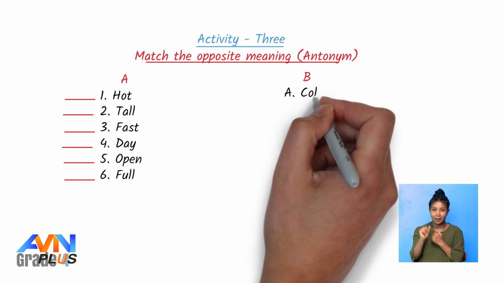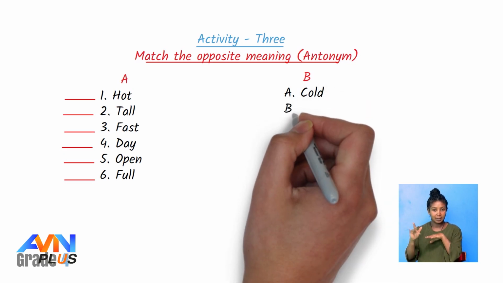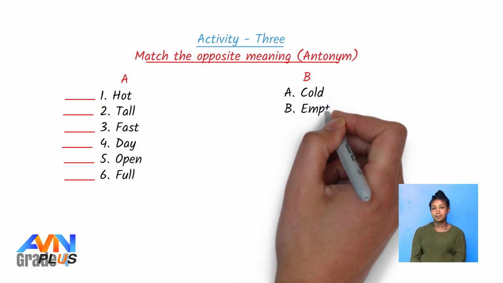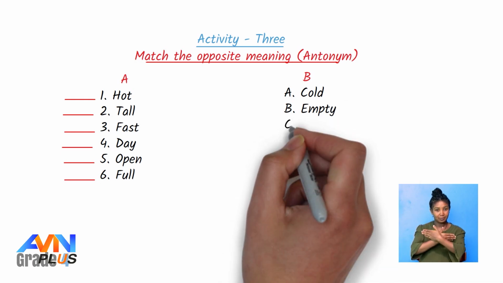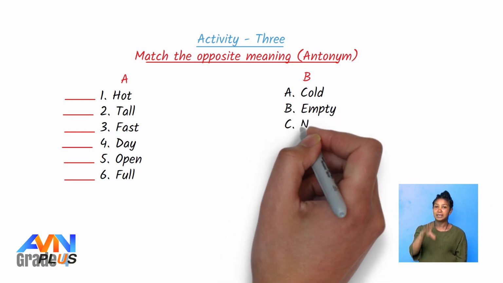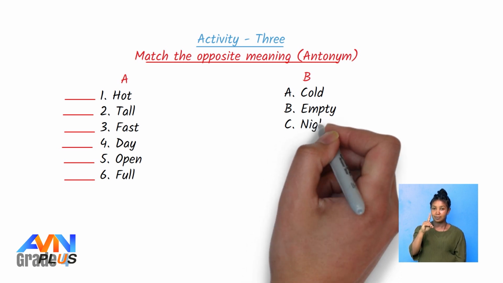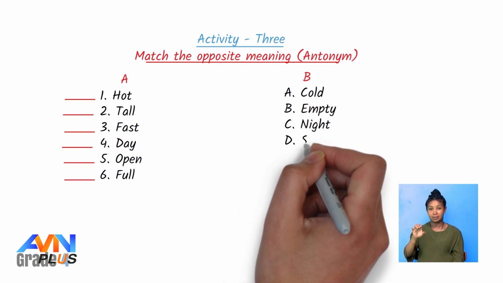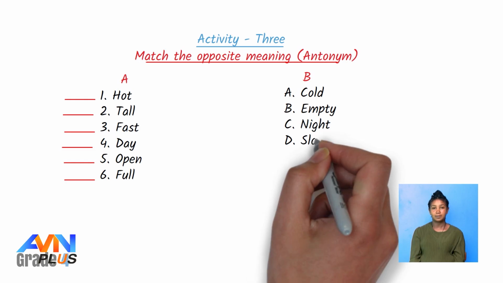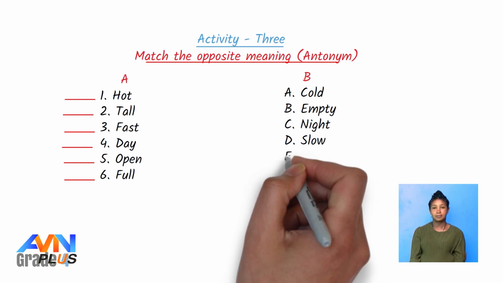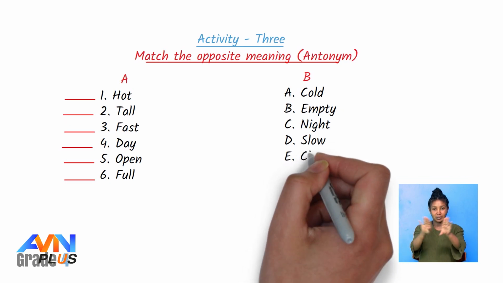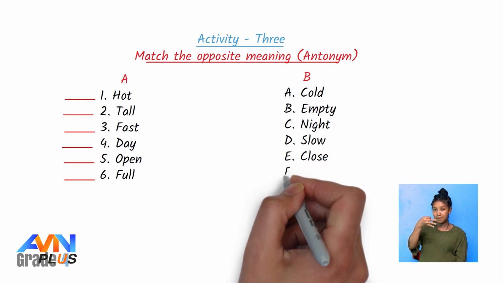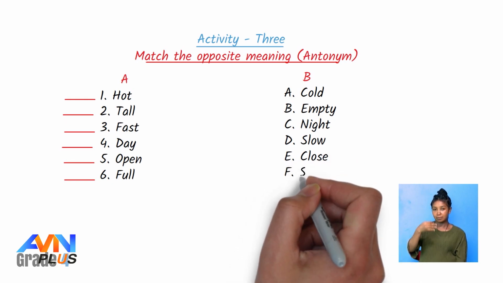B, empty. C, night. D, slow. E, close. F, short.